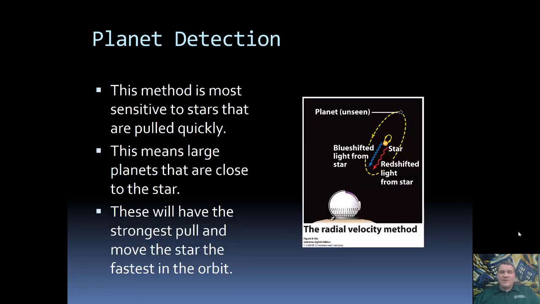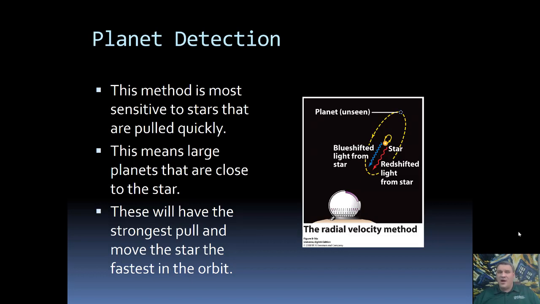So this method is known as the Doppler shift method, and it's going to be sensitive to very fast moving stars, greater Doppler shifts. That means a large planet with a greater gravitational pull, the greater the acceleration, the faster the star is going to be pulled around. Second, it's going to be sensitive to planets that are close in.